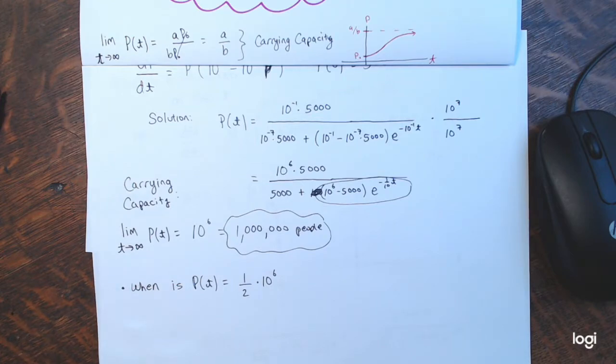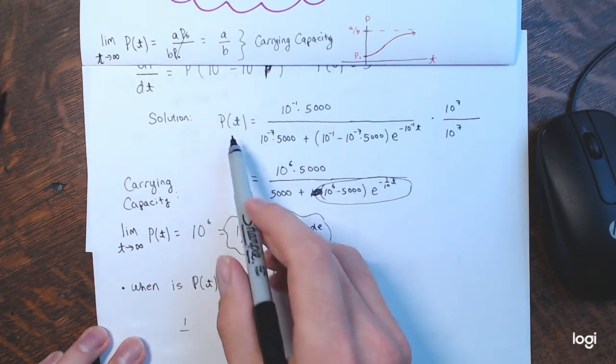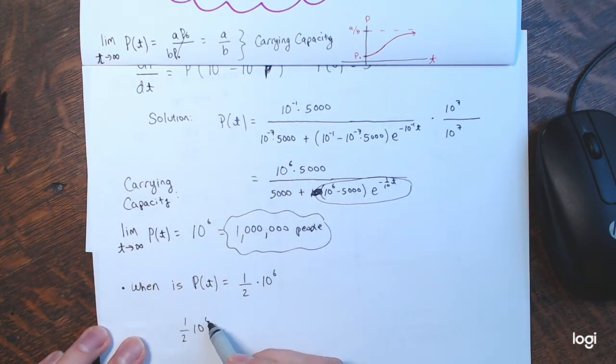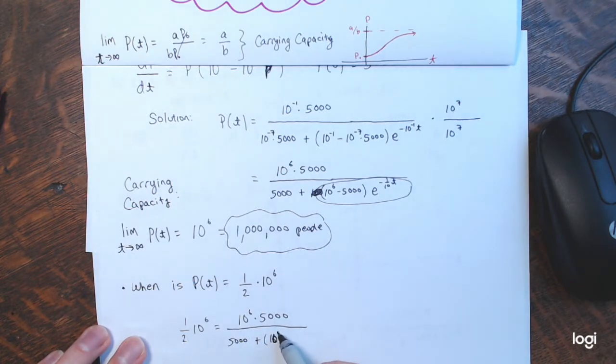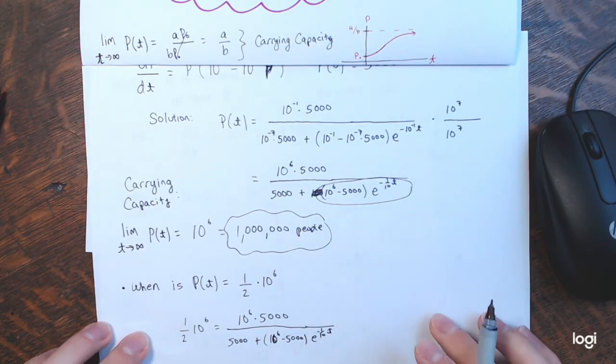It's pretty funky, but still, like any other exponential equation, on the left we want to know when is half of 10 to the 6th, or 500,000, equal to 10 to the 6th times 5,000 divided by 5,000 plus 10 to the 6th minus 5,000 e to the negative 1/10 t, and we're solving this for t.